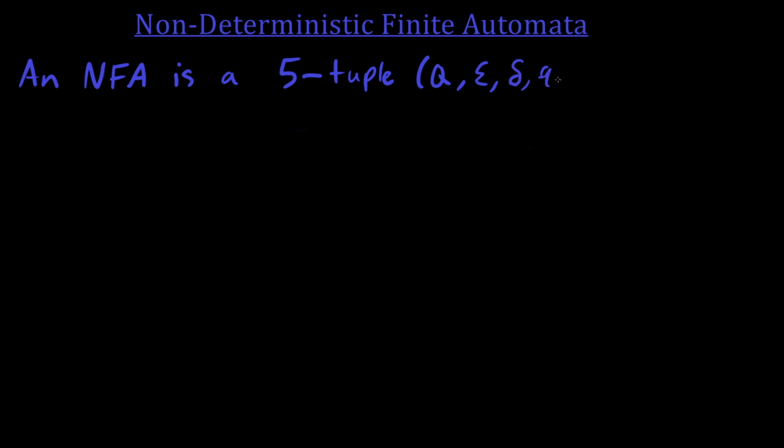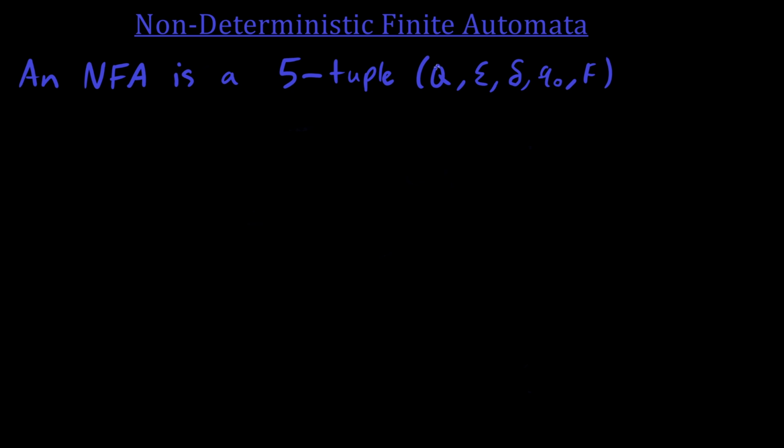Okay, so our definition for an NFA is actually going to be almost exactly the same as a DFA. The only difference is going to come in our transition function. So let's start off by saying an NFA is a 5-tuple Q, sigma, delta, Q naught, F. And I don't think I used this terminology in the DFA video, but all a 5-tuple is just a collection of 5 things.